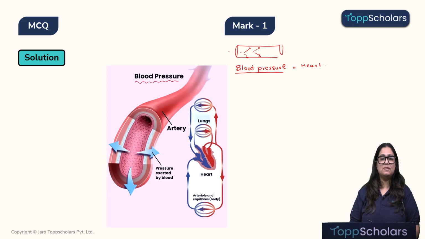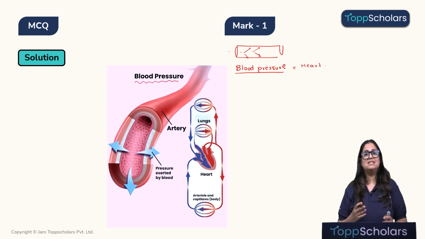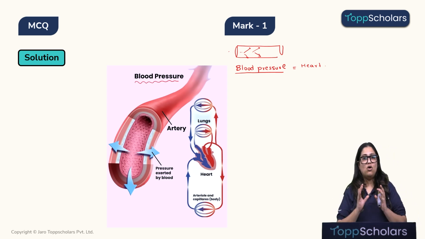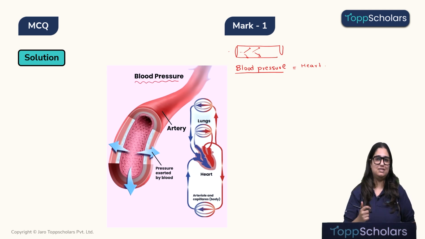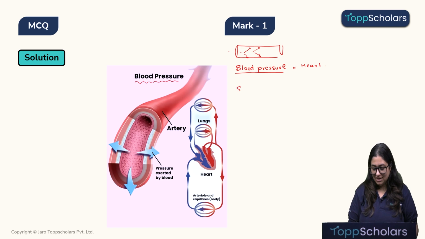Now let's understand. We know that the heart contracts and relaxes, right? When the heart contracts, it will pump the blood into the blood vessels, into the arteries. So the pressure through which it is contracting and pumping the blood in the blood vessel gives rise to the blood pressure. And specifically, it is known as the systolic blood pressure.